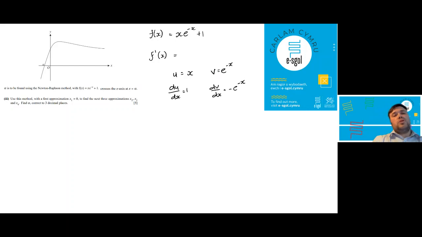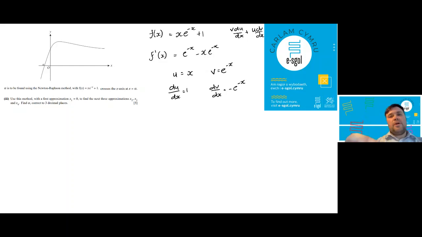So it's always useful to show it or to put it in some place. So it is v du by dx plus u dv by dx. It's basically the opposites added together. So if I go e to the minus x, and then this is going to be plus minus x e to the minus x, which would be looking like so.